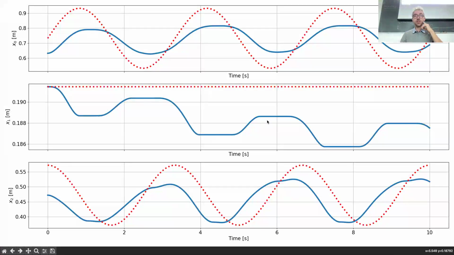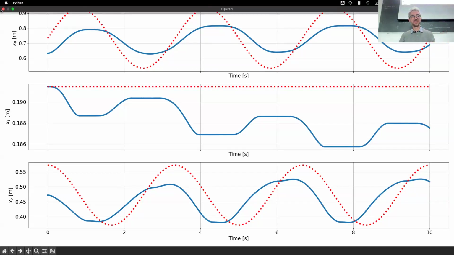But this is the behavior at the end effector. And we have the sticking phase, slip phase, sticking phase, slip phase, and so on and so forth. Tracking is definitely much worse than before. So how do we make it better?